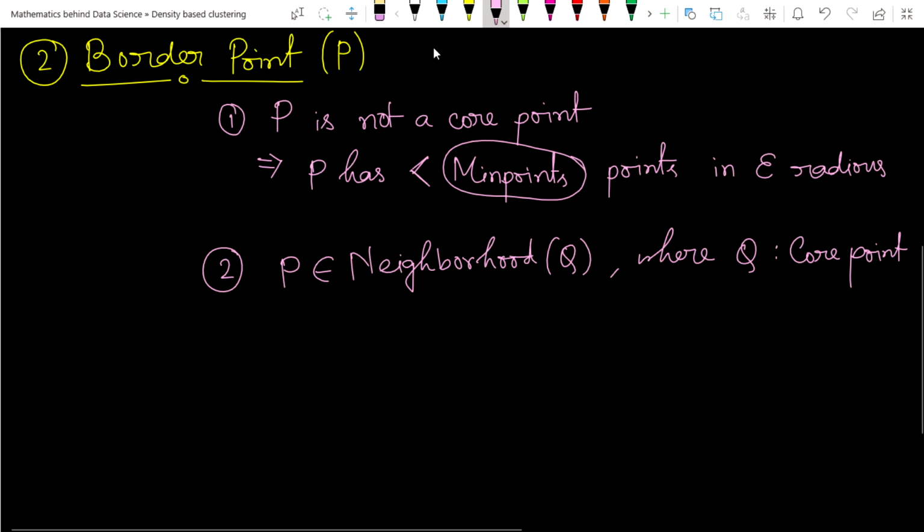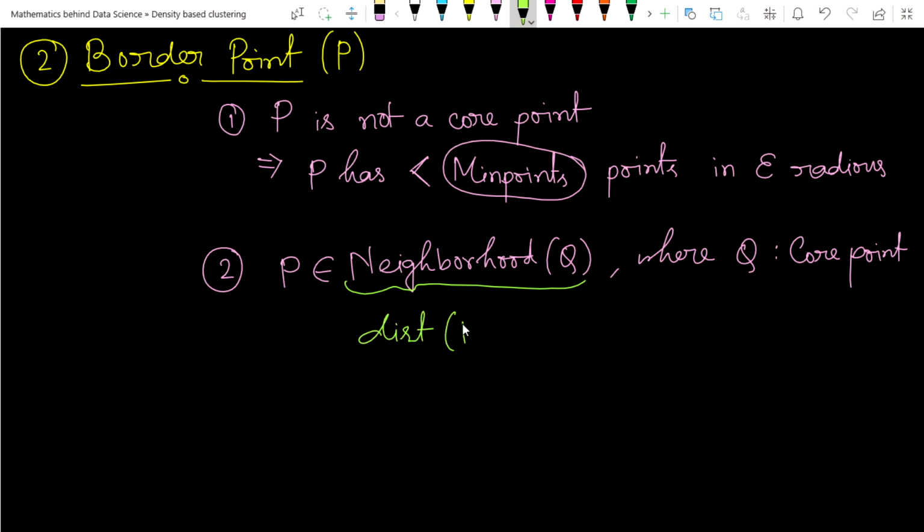Okay, so what is the neighborhood? That is the question that comes to our mind. What is the neighborhood of Q? A point P is called a neighbor of Q when the distance between P and Q is less than or equal to this epsilon value.